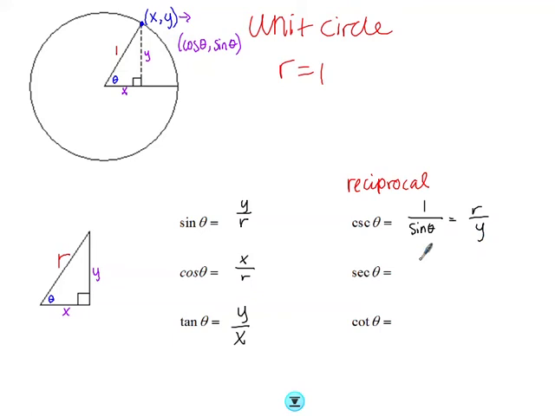Secant of theta is equal to 1 over cosine theta, which is r over x. Then cotangent of theta is 1 over tangent theta, which would be x over y. So these are our 6 trigonometric functions.